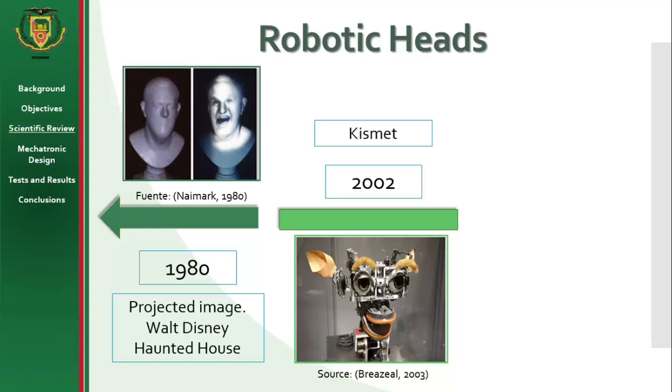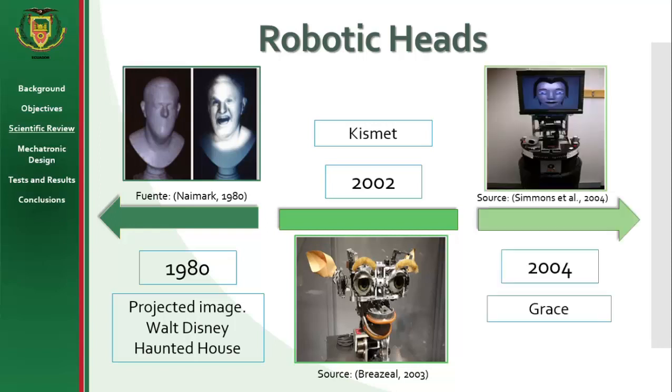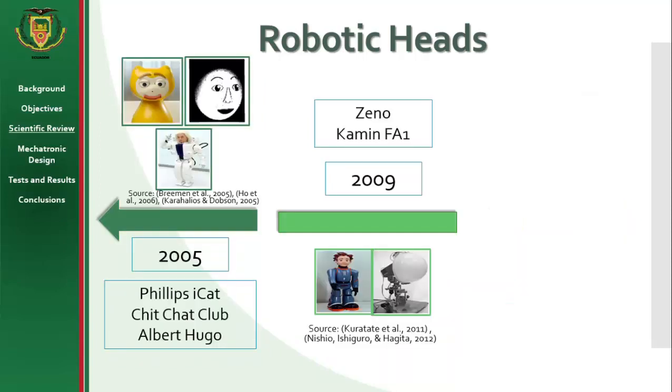Another type of construction is the android. A first approach is the Albert Hubo robot. It was a humanoid robot created by KAIST. Its main characteristic is the use of synthetic skin in order to achieve a more real resemblance.